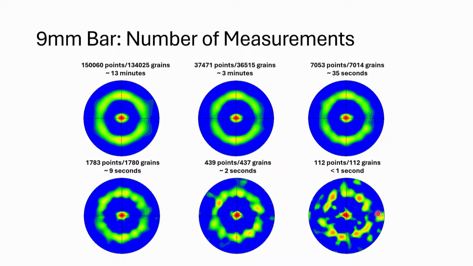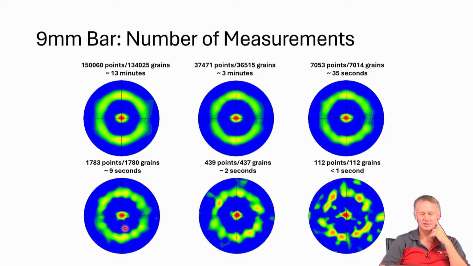Okay, so this one's obviously giving some artifacts or incomplete data. But as soon as I hit maybe over 1,000 grains, it's starting to look pretty reasonable to what the actual structure is. Now this is something with moderate texture strength, it has a 4 times random peak in the center.